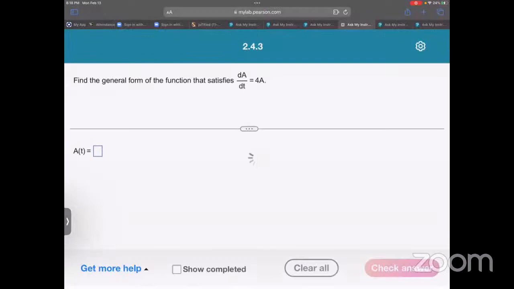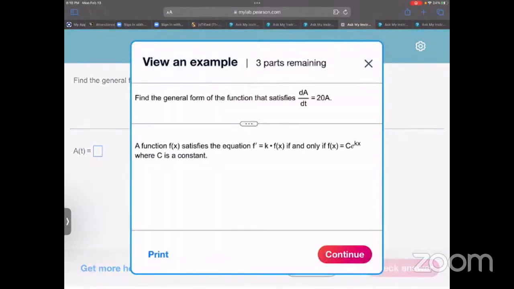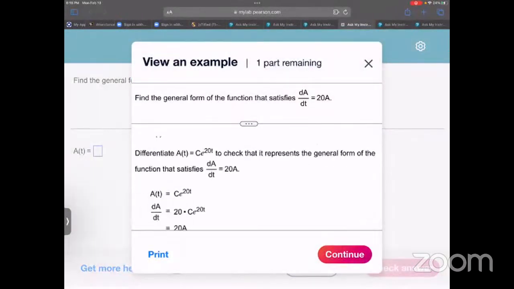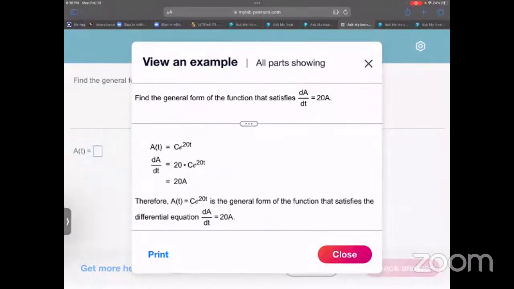Let's see. It should be A sub 0. I'm going to click on view an example. Or C. Okay, they might be using C instead of A. Wait a minute. Okay, that's fine. Yeah, so just use C. Okay, so here we'll go ahead and submit it, right?